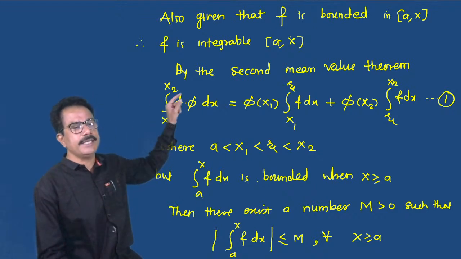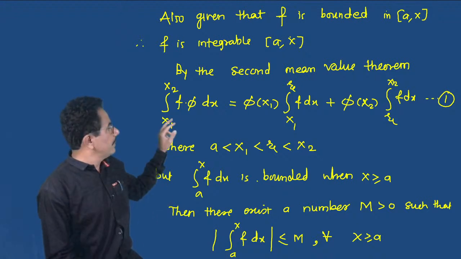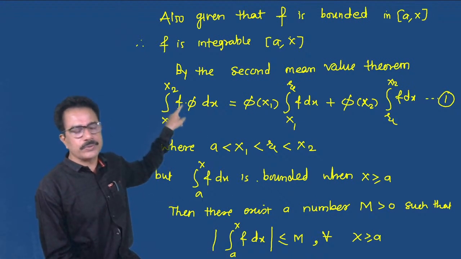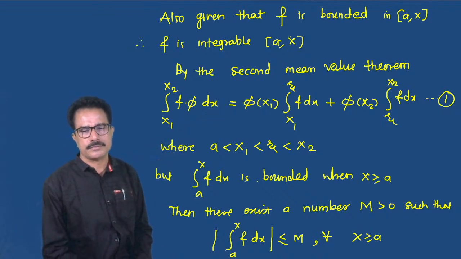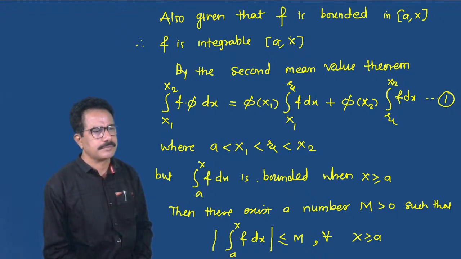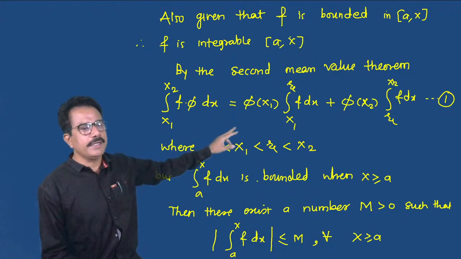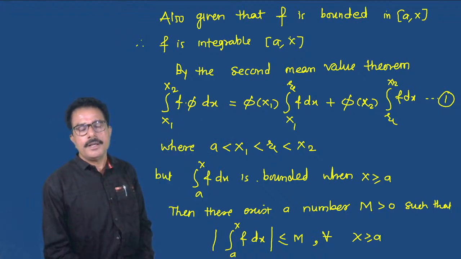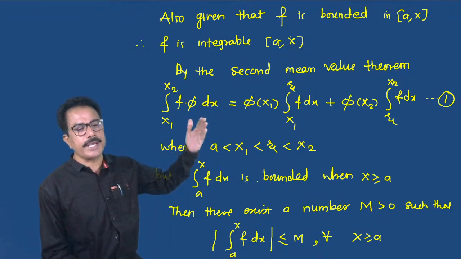Then by the second mean value theorem, the integral from x1 to x2 of f into phi dx equals phi of x1 times the integral from x1 to xi of f dx plus phi of x2 times the integral from xi to x2 of f dx.